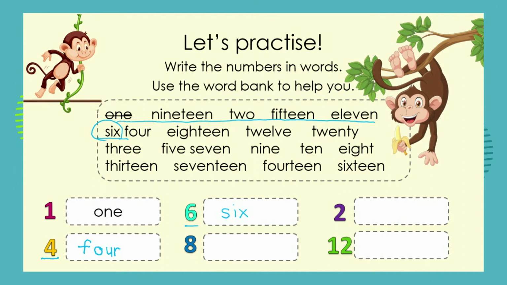Let's look at our next number. It is number 8. So again, we can start at the top and look through the word bank. This word looks similar. I see 8, but I also see more of the word, so it says 18. Not quite.